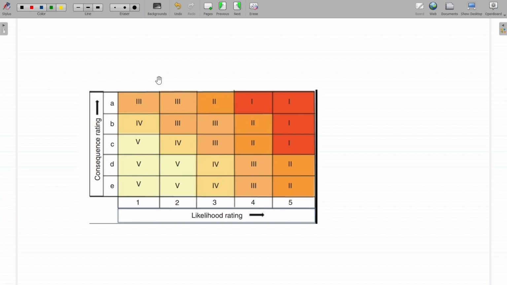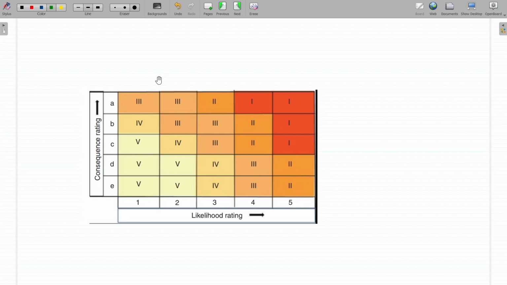The combination of low likelihood and low undesirable consequences gives low risk, while high risk is produced by high likelihood and highly undesirable consequences. Risk prioritization and decision rules, such as the level of management attention or the urgency of response, can be linked to the matrix cells.